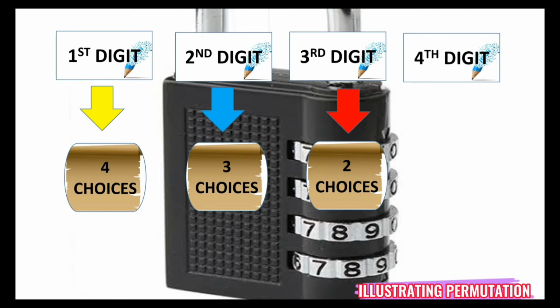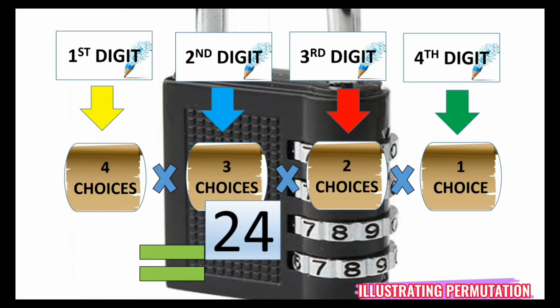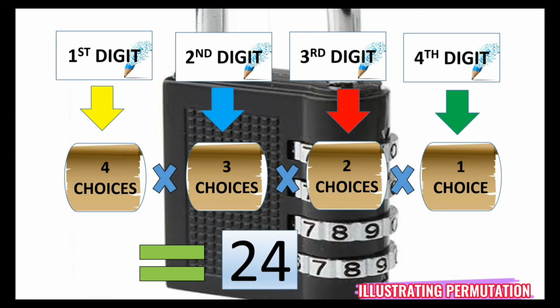Then only 7 can be placed in the fourth digit. So there is only 1 choice for the fourth digit. To solve, we multiply 4 times 3 times 2 times 1, which is equal to 24 ways.